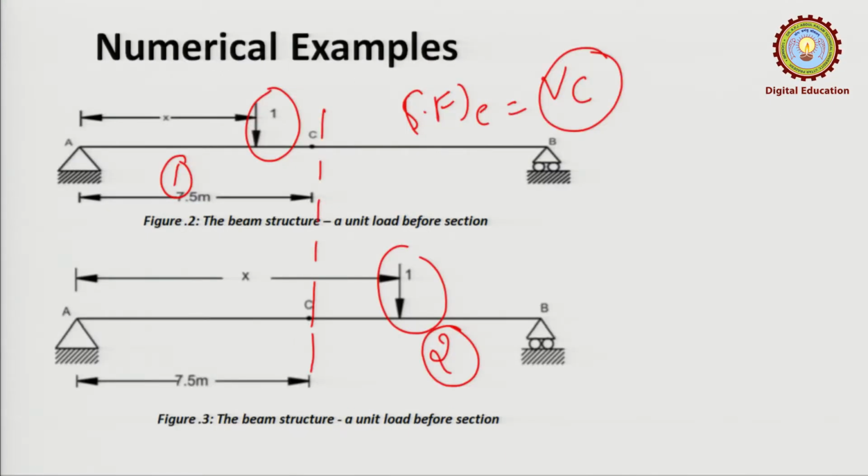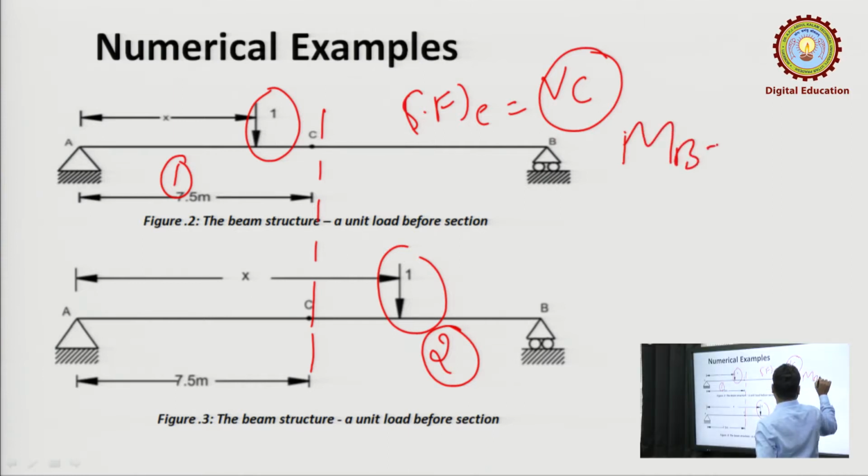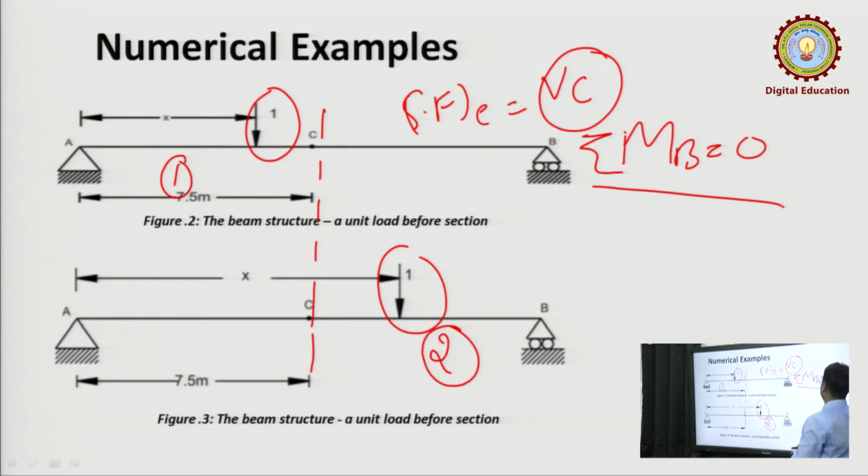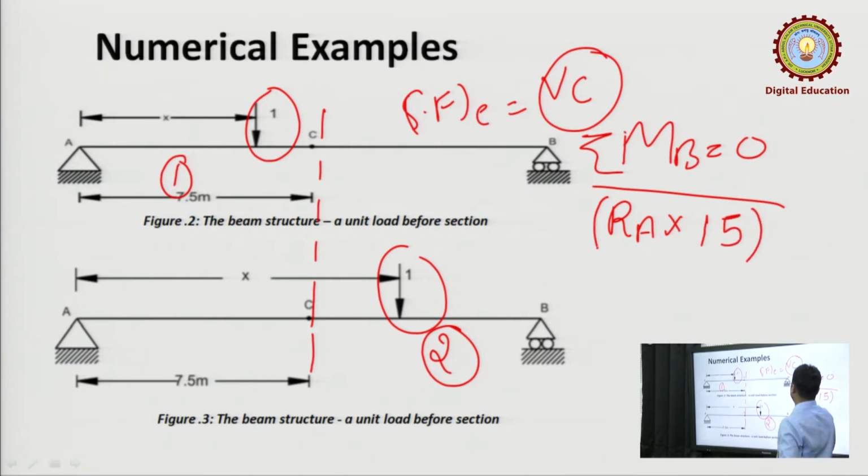They can be found by taking moments about B, where the summation of moments at B is 0. Take moment RA into the length of the span, RA into 15. What will be the sign here? The load is going in the clockwise direction, so we take a positive sign.